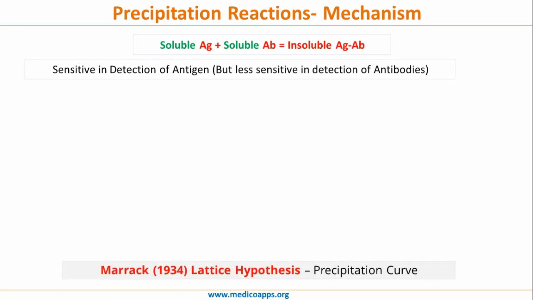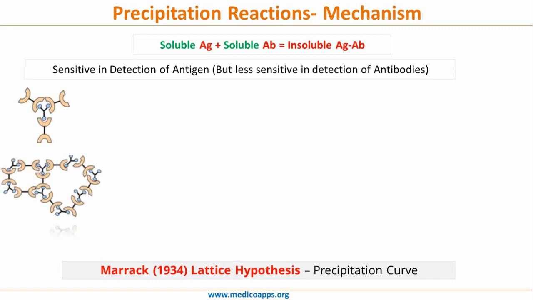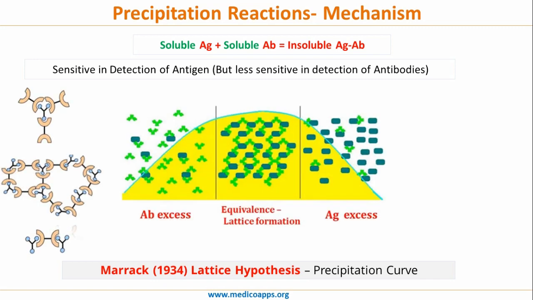Now, Marrack in 1934 suggested a lattice hypothesis. What this hypothesis says is that at the correct concentration of antigen and antibody, a lattice structure forms, which leads to precipitation. When there is antibody excess, the lattice will not form. When there is antigen excess, the lattice will not form, but at the equivalence ratio, the lattice structure will be formed, and hence the precipitation will be there.